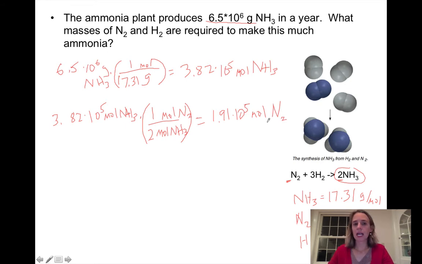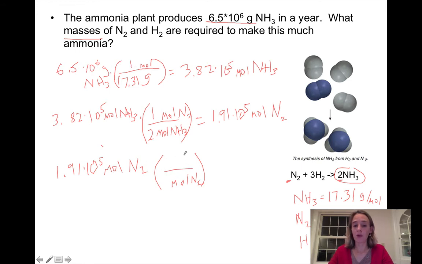So that's not exactly what the question asked for, though. The question asked for masses of nitrogen and hydrogen. So the next step would be to take that molar amount of nitrogen and convert that to a mass. Again, just like in that first conversion, where I went from grams to moles, I'm here going from moles to grams.